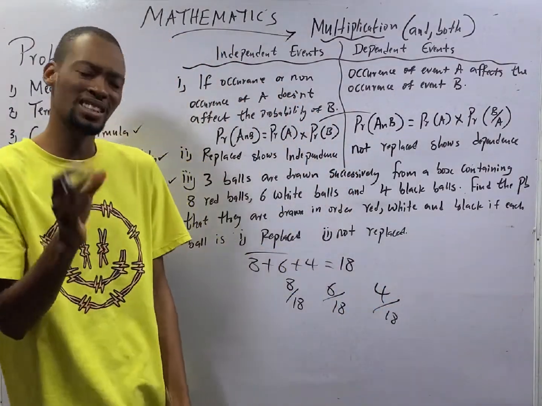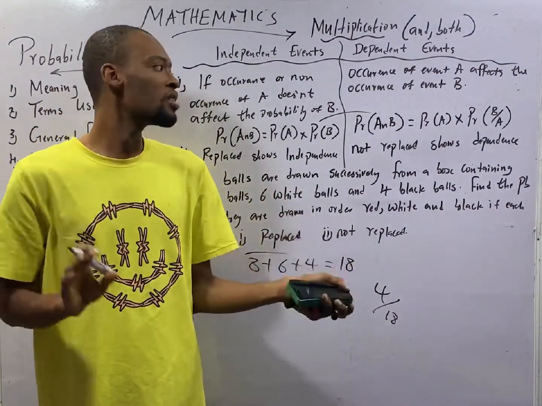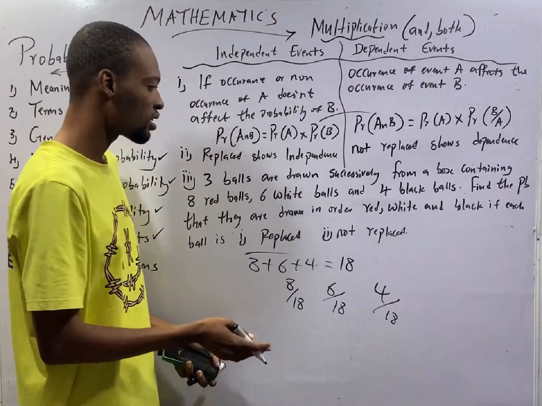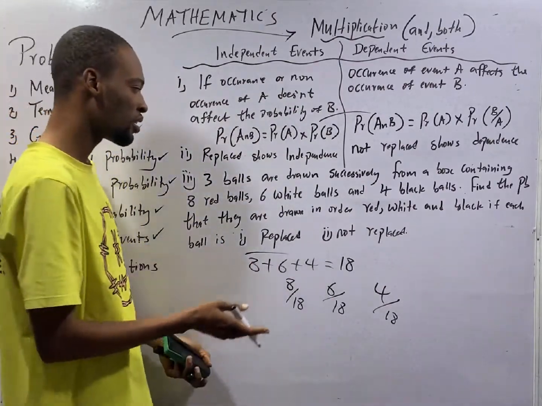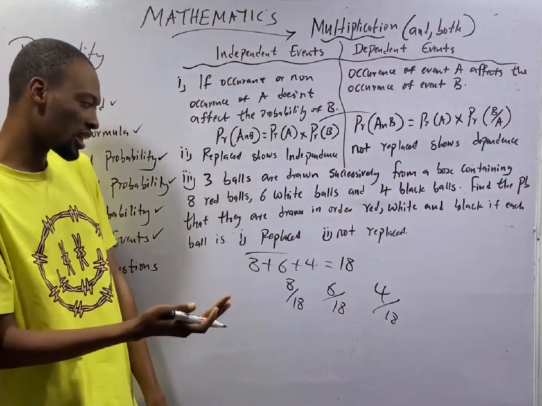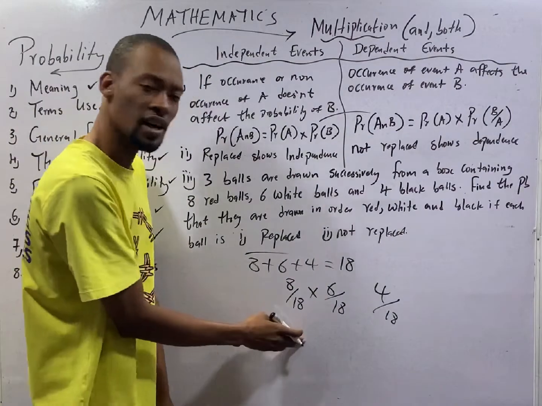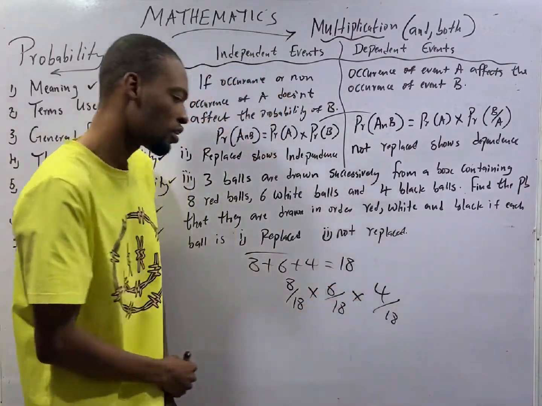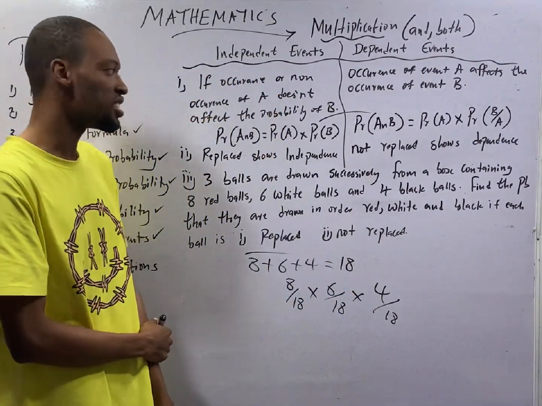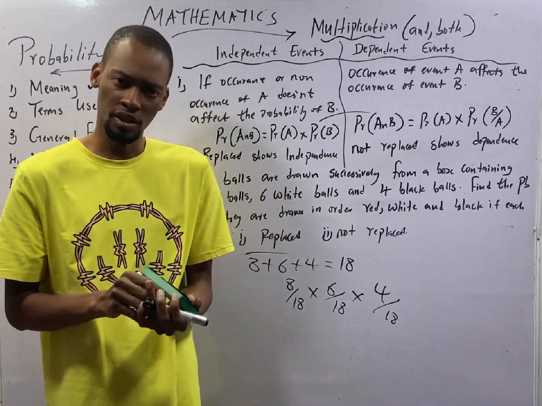At every point in time, the total number of balls remains the same. This is an independent event. And since we are dealing with multiplication, the chance of picking red, white, and black ball in order is 8 over 18 times 6 over 18 times 4 over 18. That is it with replacement, or for independent events.